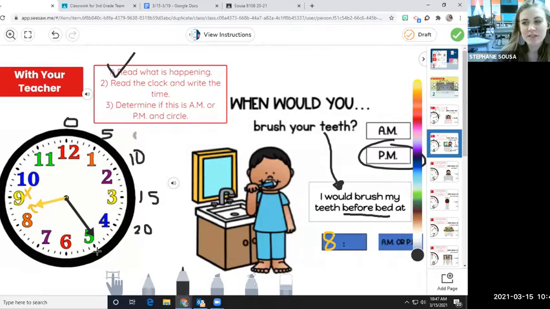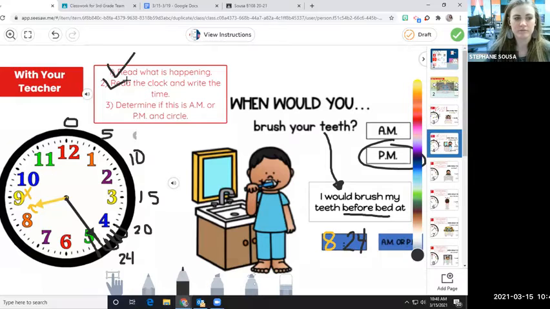We're not at 25. 25 is here. The clock is not there. So we're going to count by ones. 20, 21, 22, 23, 24. We are 4 hops after 20 or 1 hop before 25. So it is 8:24.